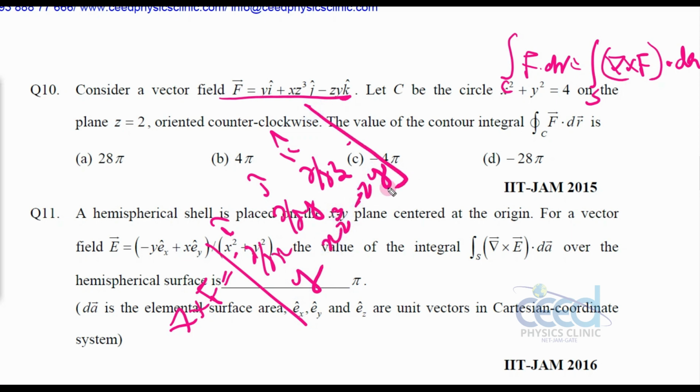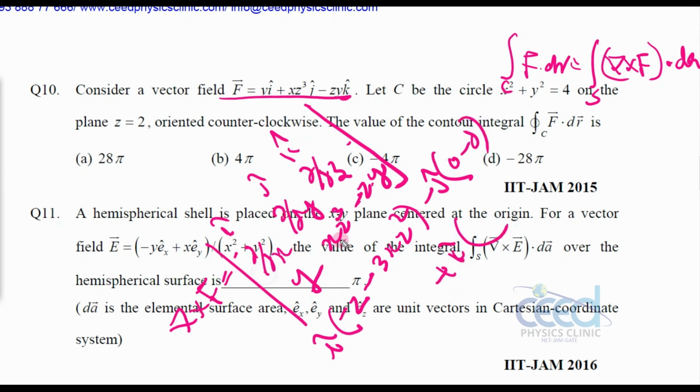When I expand this, that is equal to minus z minus, with respect to z, this is 3xz squared, minus j cap into, with respect to x this is 0, with respect to y this is also 0, plus k cap into del by del x of xz cubed, that is z cubed.